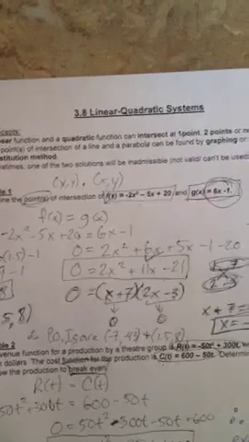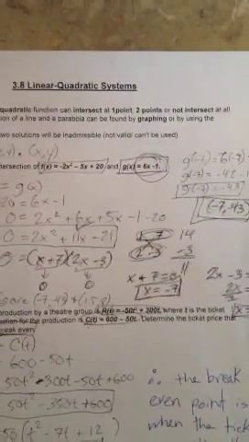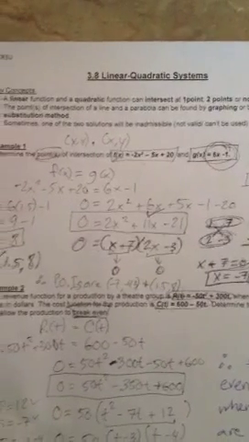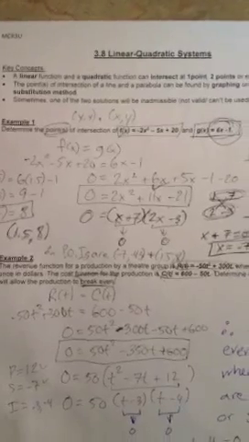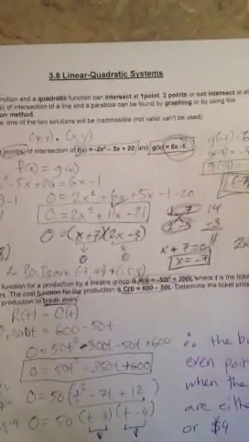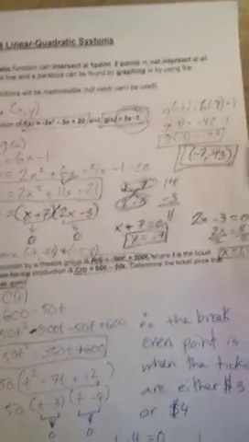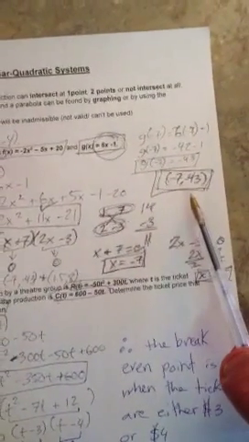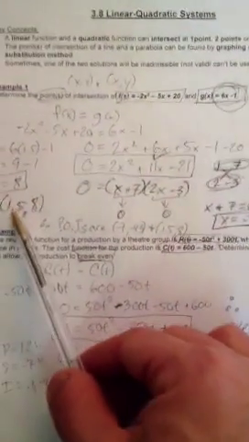You also have to remember that the points of intersection of a line and a parabola can be found by graphing, which is something we're not going to do, or by using the substitution method, and that's what we've used over here mathematically. But in essence, if you did graph the parabola and the line at the same time, you would see that this parabola and line would intersect at this point and this point, and same over here.